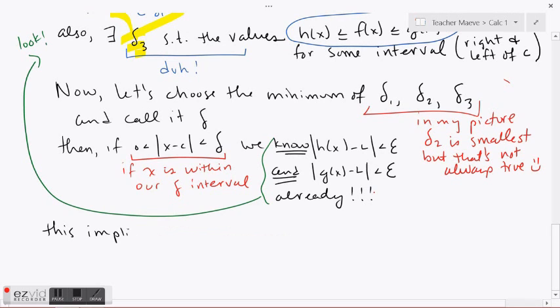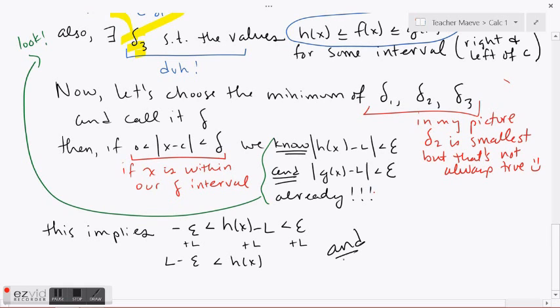So we're gonna rewrite this h of x minus L and this g of x minus L. And we're gonna say the absolute value is really just saying that negative epsilon is less than h of x minus L is less than epsilon. Definition of absolute value. Let's add L to all three sides and get L minus epsilon is less than h of x.